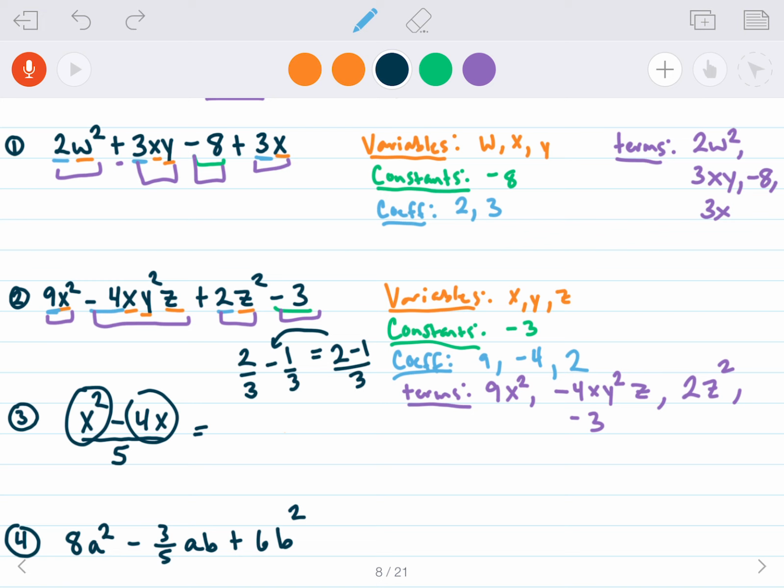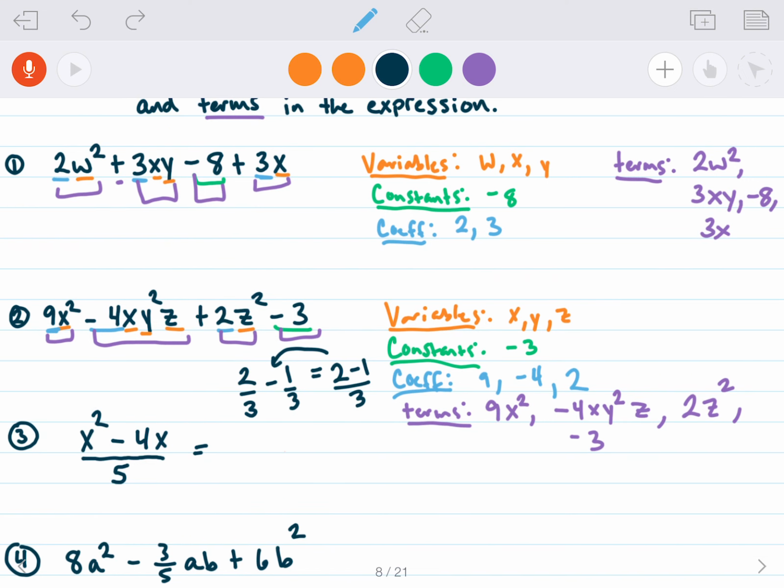So we can separate this into two fractions, and that's going to let us see what our terms are a little bit better. We can say this is the same thing as x squared over 5 minus 4x over 5. Same exact thing, just using the same logic that we use with real numbers, with fractions.